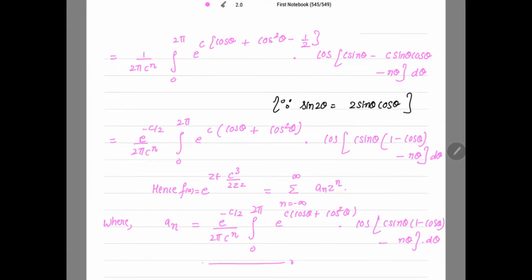That's about this proof. Easy, very easy. Just a little bit lengthy, but steps are very clear, alright?